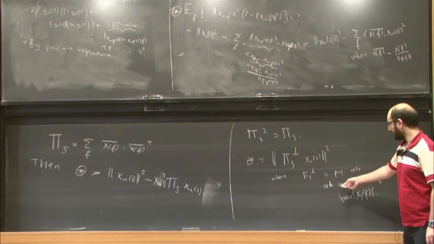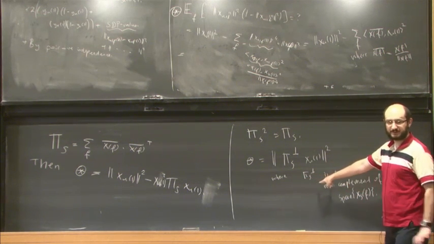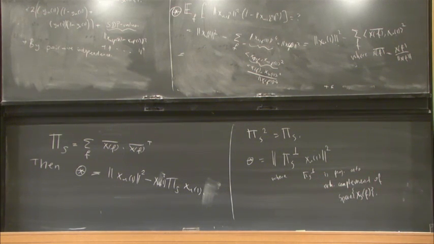Pi of s perp is actually just a projection matrix onto that orthogonal complement.